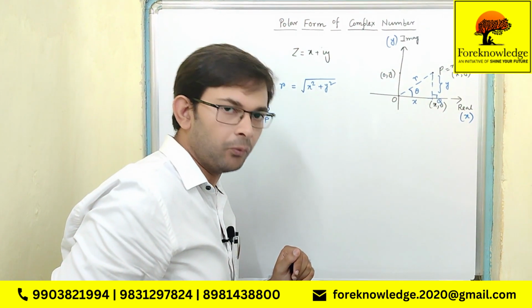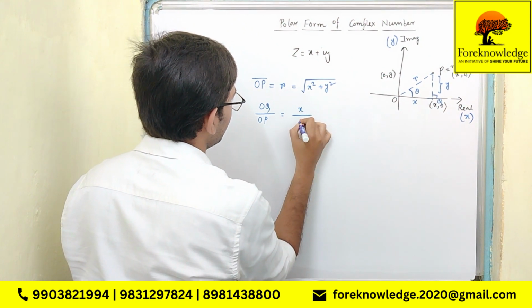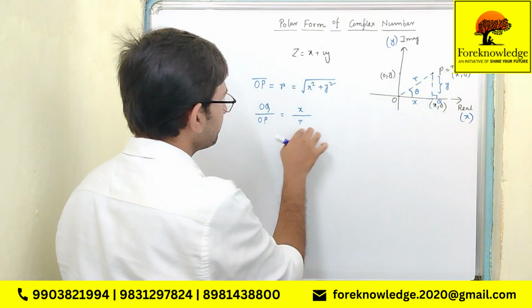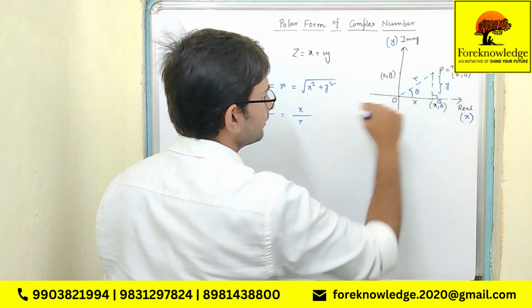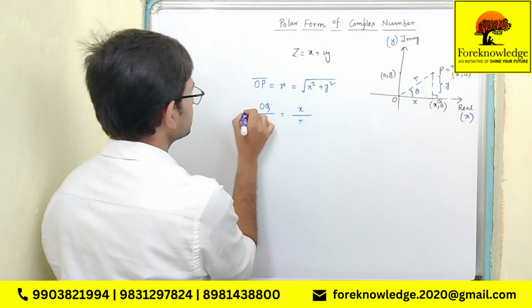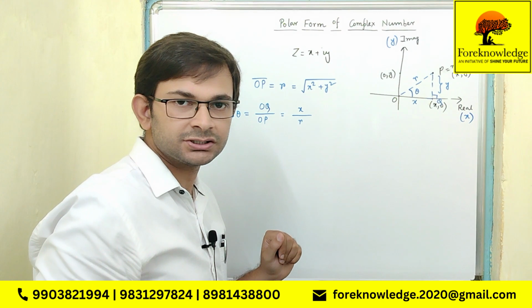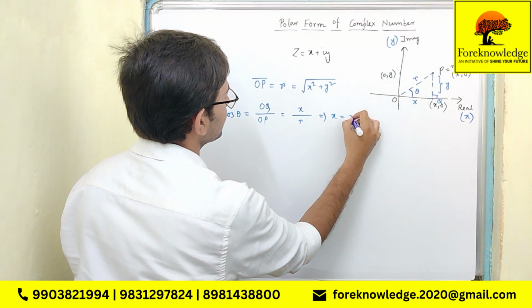This is nothing but x by r. OQ is the x distance and OP is r. Now in a right angle triangle, base by hypotenuse is nothing but cos theta. So very simple, x is nothing but r cos theta.